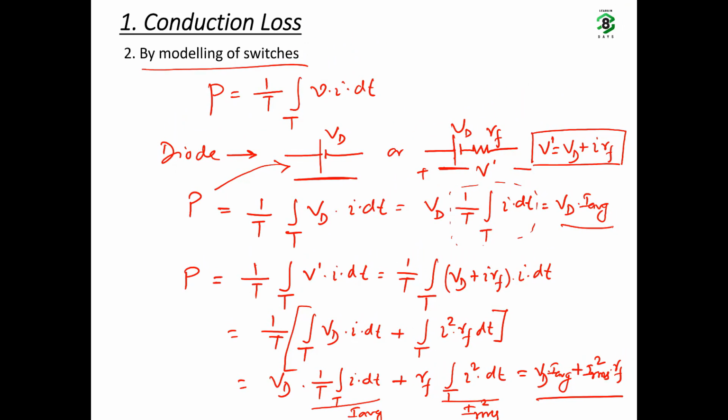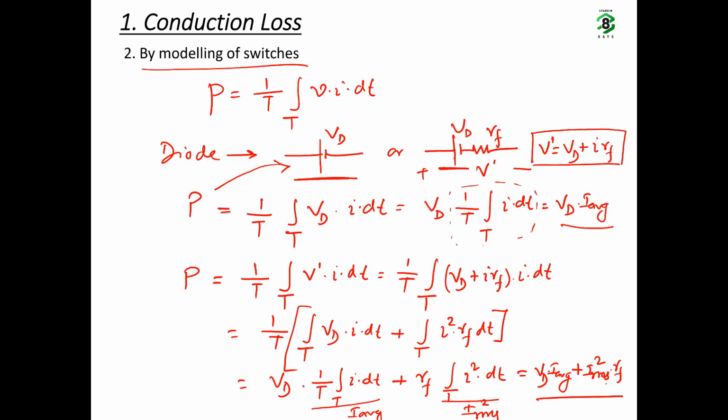If the switch is modeled as only a voltage source, then Vd into I average. If the switch is modeled as a voltage source in series with a resistance, then Vd into I average plus I RMS square into Rf.